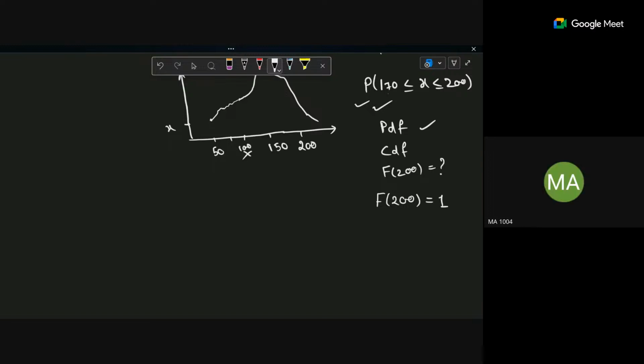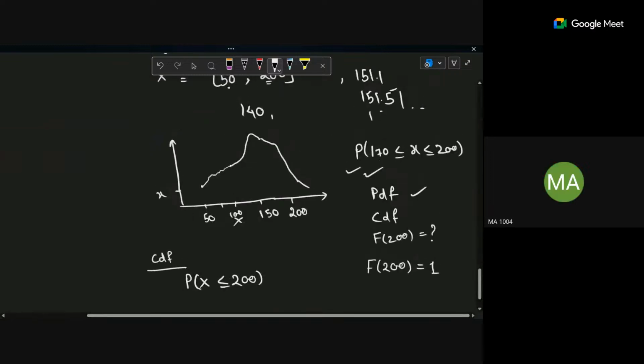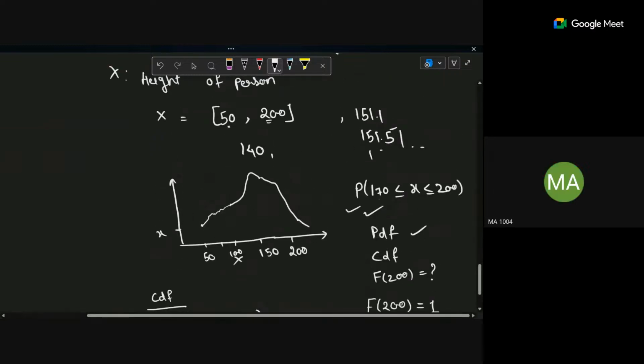But it's not giving any information about the person's height lying between 170 to 200. How is it 1? See, what is the CDF? Cumulative distribution function. That means you add all the probabilities that are less than or equal to 200. And our range was 50 to 200 only.